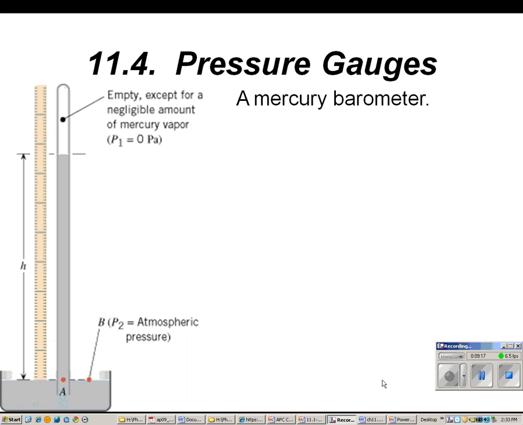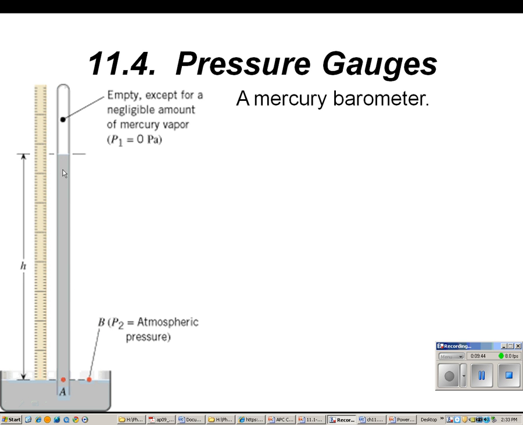The pressure gauge is an interesting application of looking at air pressure. We have this tube, and we have this pool of mercury down here. This is a mercury barometer. And this area up here is empty. It's a vacuum. And so the weight of the air, this air pressure, pushes on the mercury and causes it to rise up in the tube.